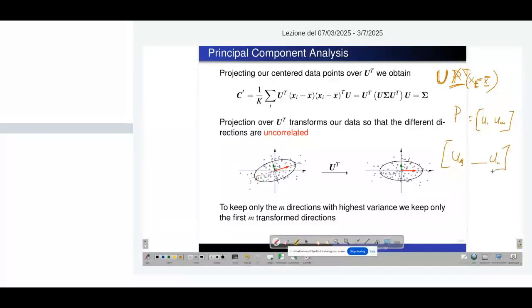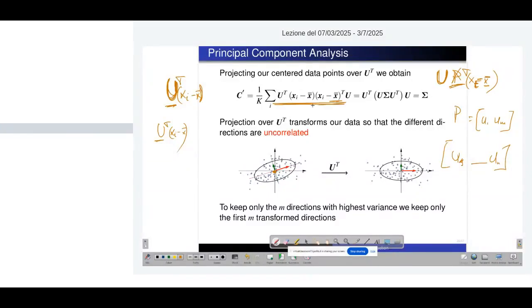What happens if I compute my projected samples? I apply U transpose X, and again, I assume that the data is centered, otherwise I would need to center my samples. What happens if I apply this transformation to all my samples? Let's assume they are centered so that I don't have to write minus the mean every time.